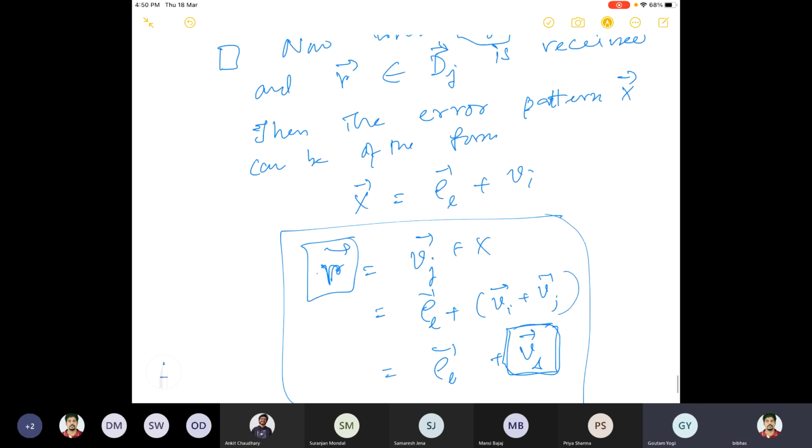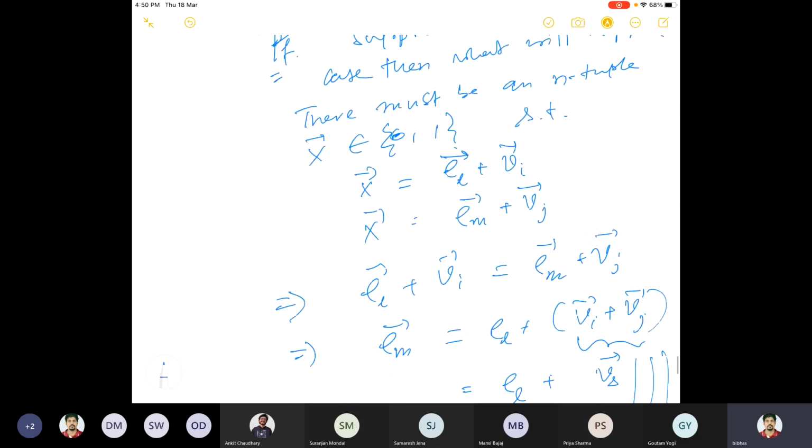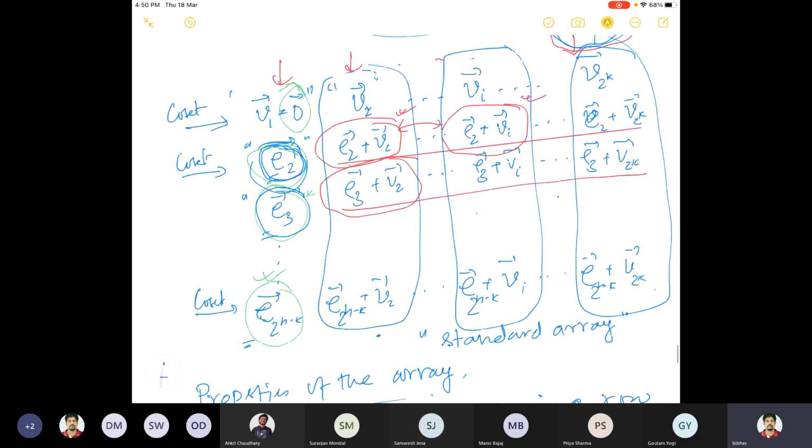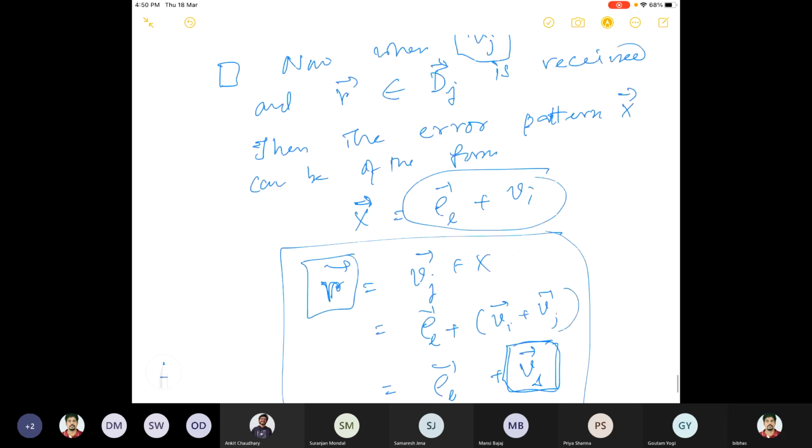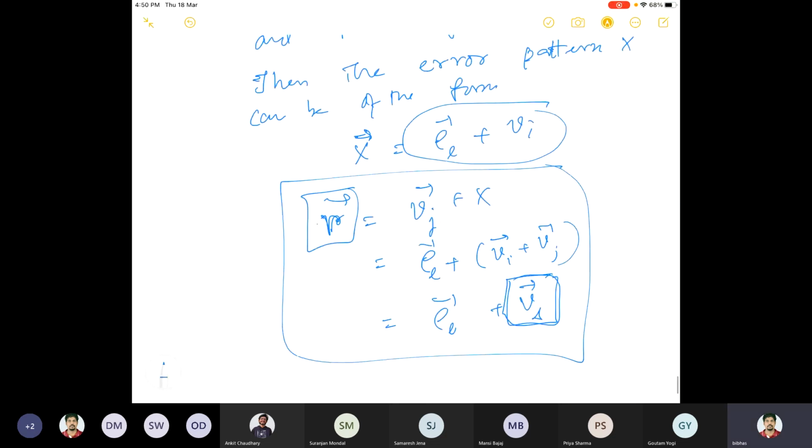What I'm saying is, suppose this is some error pattern X, but X is an n-length string. X must be of the form some EL plus VI, because every n-length sequence is in this array. So it is of this particular form, from some EL or some VI. Now R is actually some VJ, which was sent, plus some error pattern X, and X is of this form.